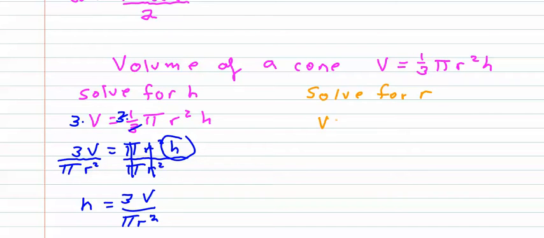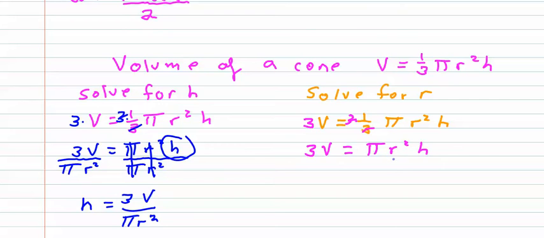So volume equals 1/3 pi r squared h. Same idea. We want to get rid of the fractions first. We multiply by 3. So I have 3v equals pi r squared h.